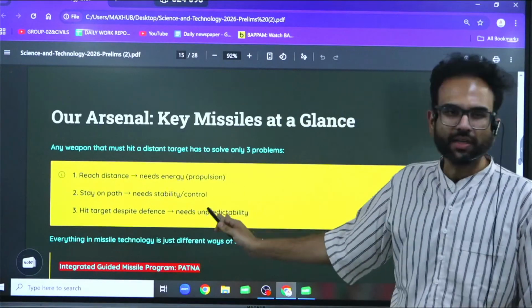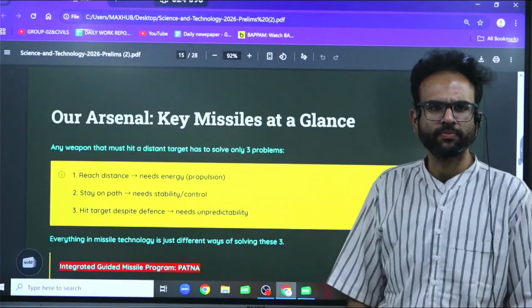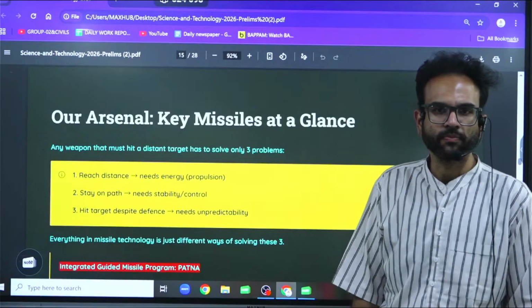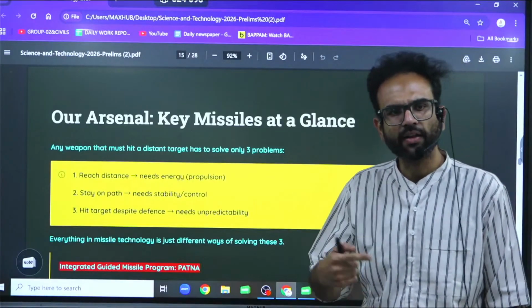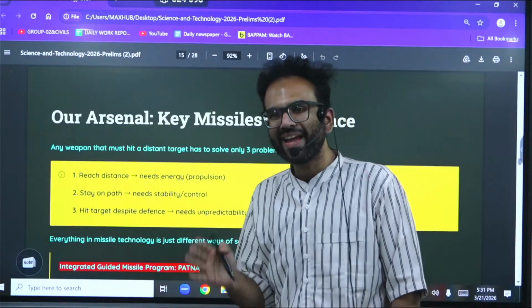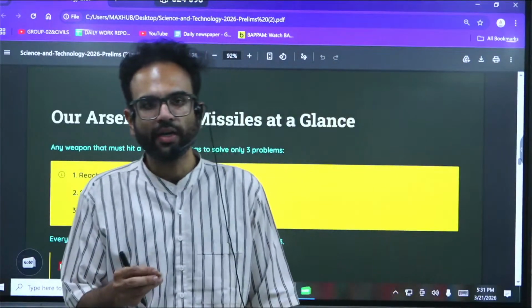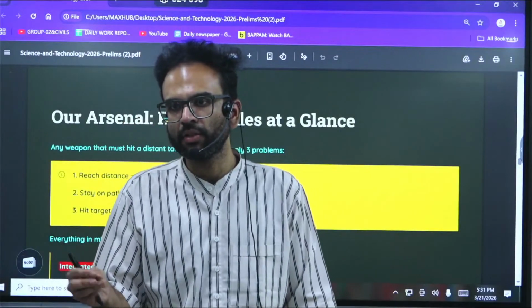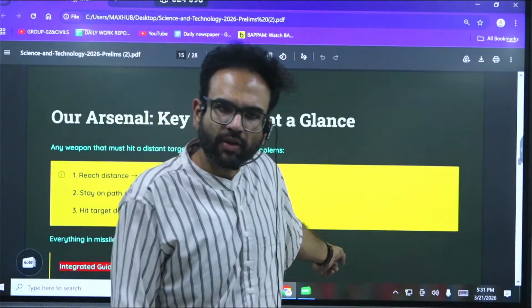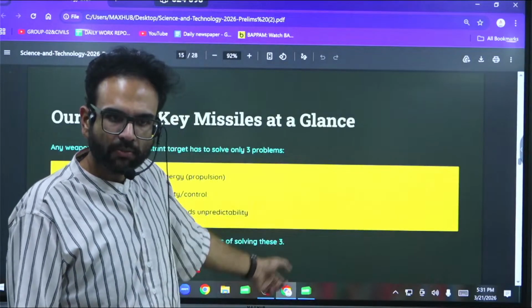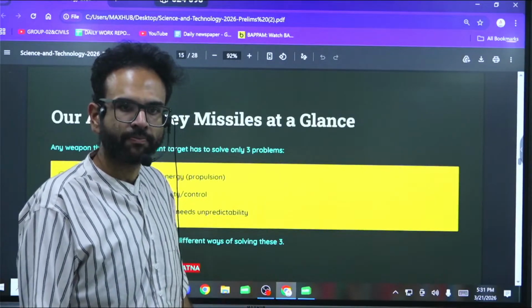This will be the objective of both sides in the war. Which side wins first? The one with better efficiency. Every missile technology that you will be learning in current affairs is nothing but a technology that is trying to solve all these three problems simultaneously.